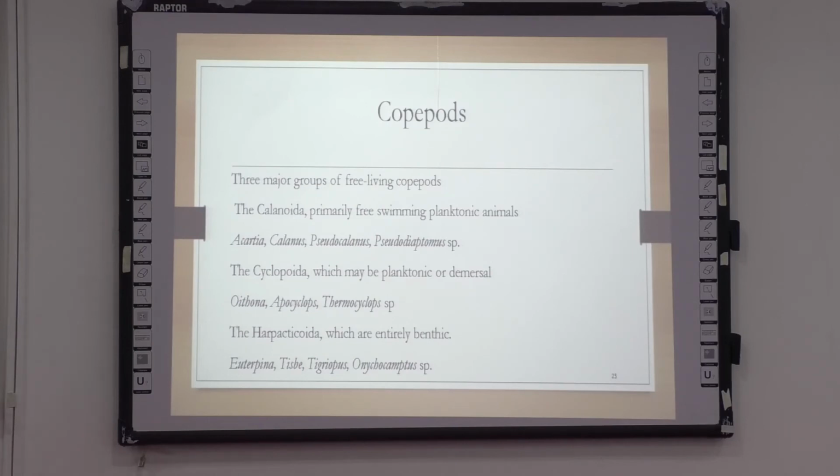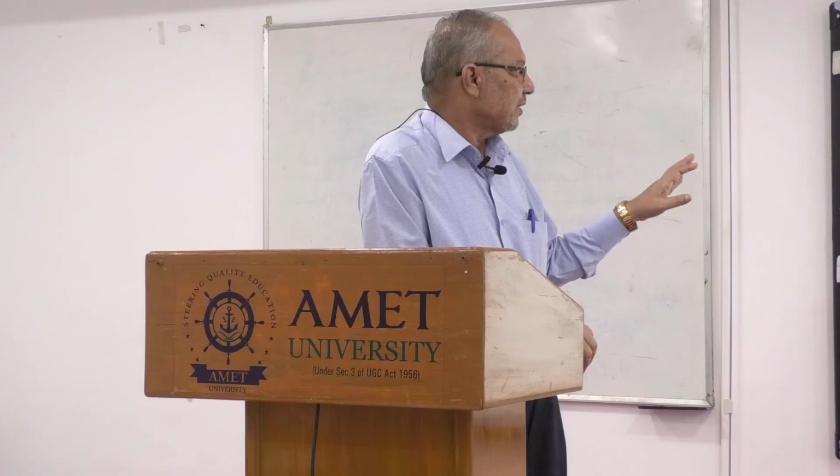Compared to that, the protein content, the lipid content, more particularly the polyunsaturated fatty acids and essential amino acids are much higher in copepods. Among the copepods, there are 10 orders, but only 3 orders are free-living copepods.